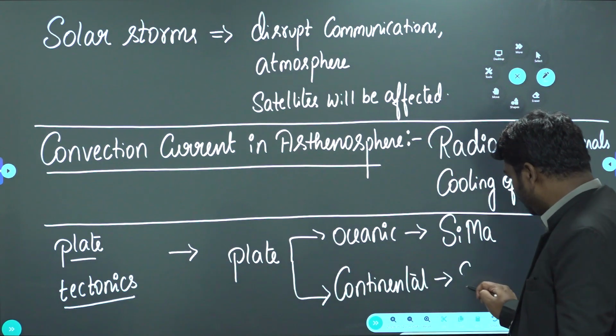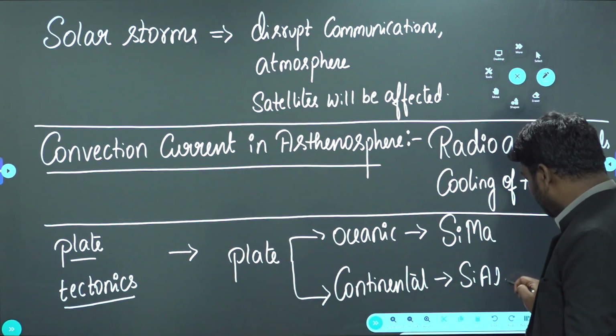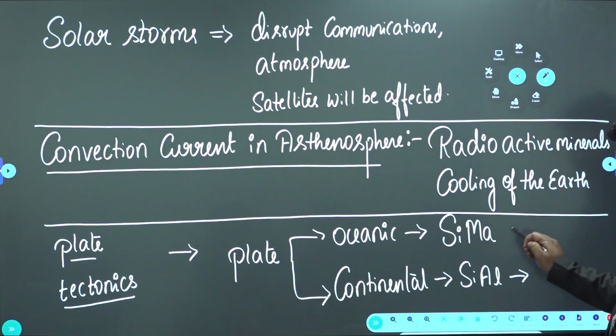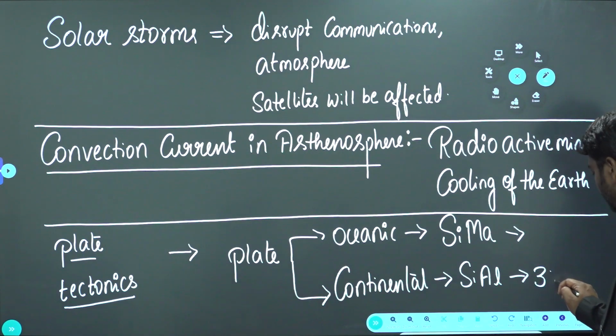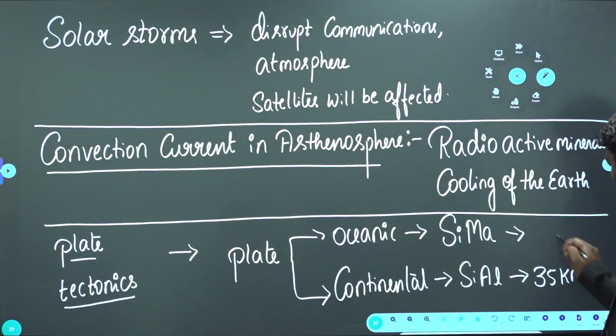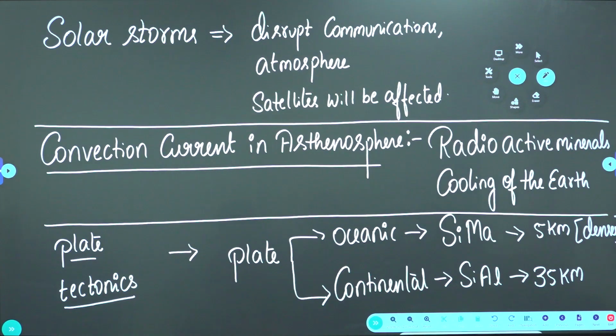Continent is made up of what? Silica and aluminium. Which is thicker? Size wise, 35 kilometer. How much is this? 5 kilometer. But which is denser? Oceanic is denser. Continental is lighter. So these are all known.